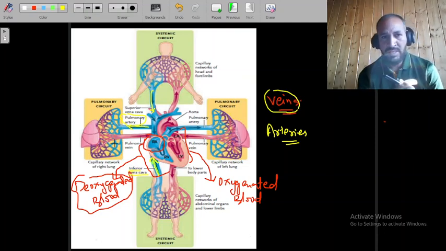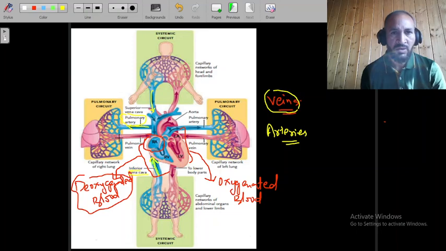There in the lungs, it picks up oxygen. That's called oxygenation. It gets rich in oxygen. But do remember one point here. Veins bring blood to the heart, and they usually contain deoxygenated blood, which contains very little oxygen.